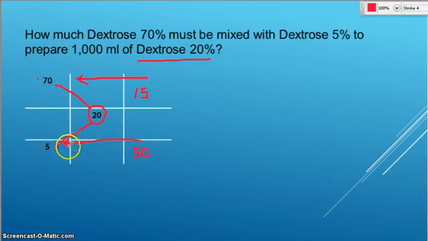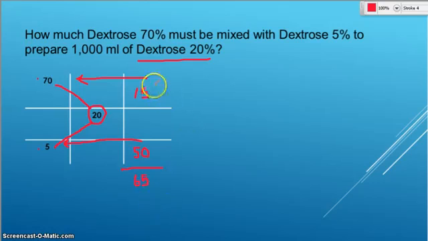Altogether, if we total these, we need a total of 65 parts. Knowing that total is very important for us to be able to go on and finish using the grid.